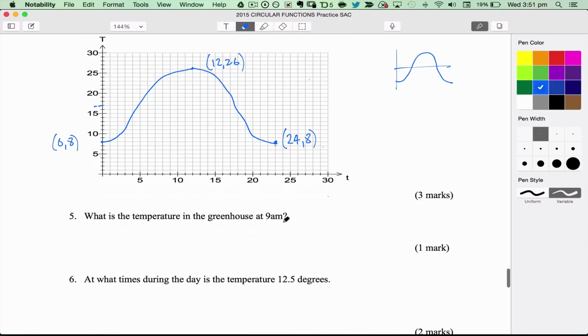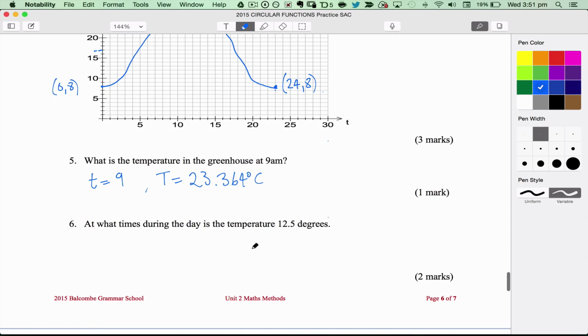What is the temperature in the greenhouse at 9 AM? Use your calculator to solve for x equals 9, and you should get T equals 23.364 degrees.